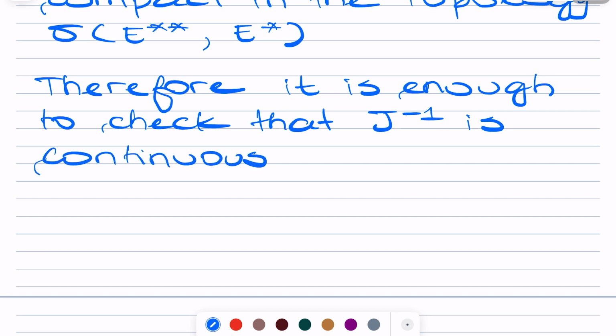It's continuous from E star star, right, with the topology sigma(E star star, E star), to E, right?